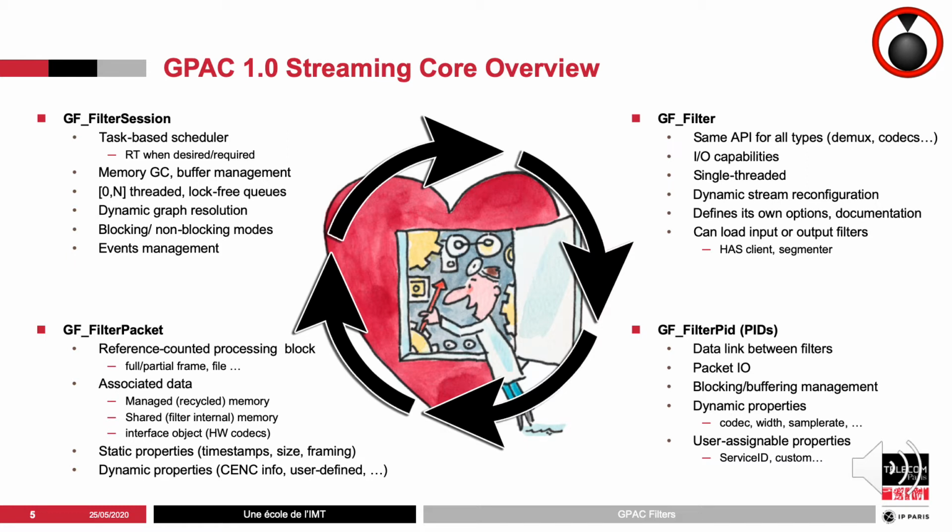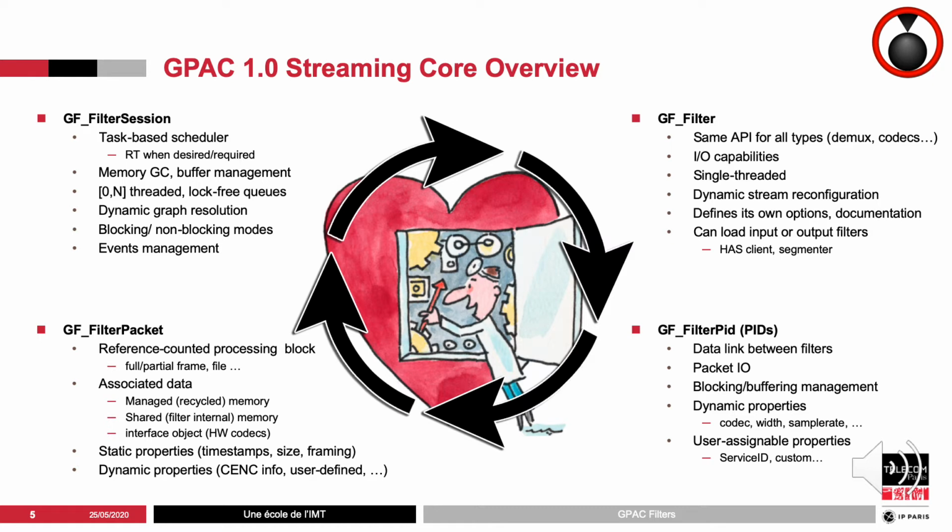And the data is exchanged through what we call filter packets. These are reference counted processing blocks. They can be full or partial frames or files, and the associated data can be either managed by the filter session, so that would be recycled memory, filter internal memory, so that's shared memory that you expose to the rest of the graph, or interface objects typically used to access GPU textures or things like that.